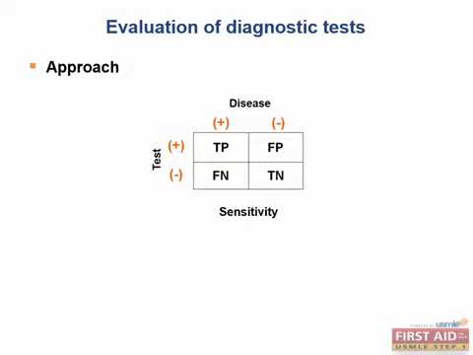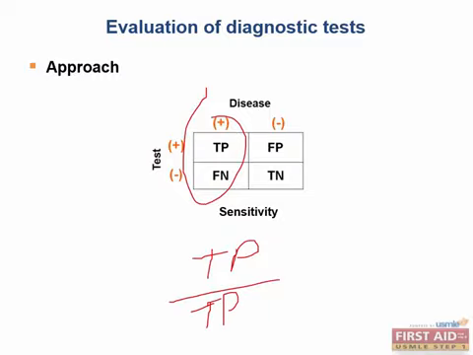So let's start with discussing sensitivity. This is the ability of a test, as we said, to detect a disease when it is actually present. The sensitivity of a diagnostic test is defined as the proportion of people with the disease who test positive, or the true positives, divided by the sum of the true positives and false negatives.